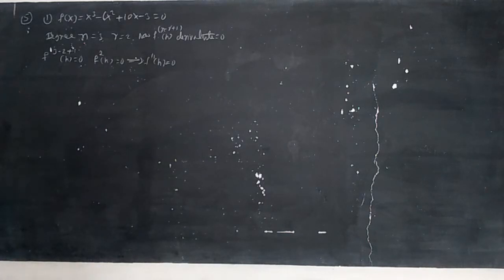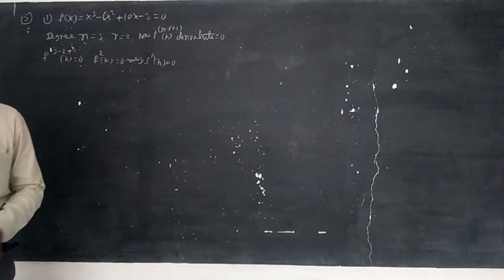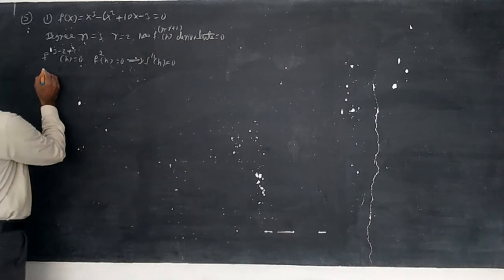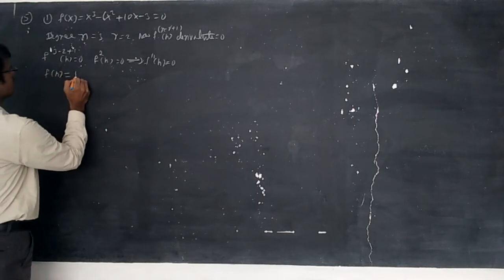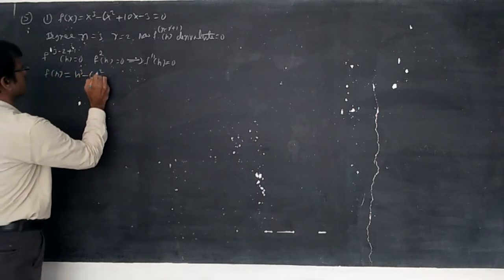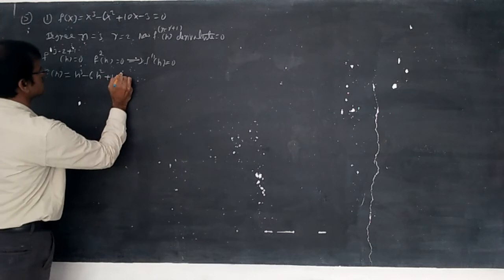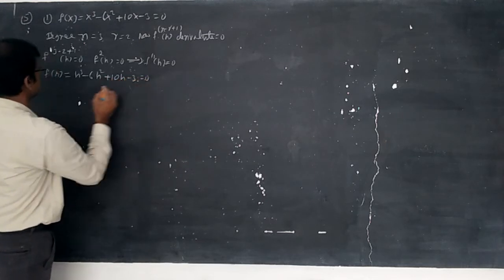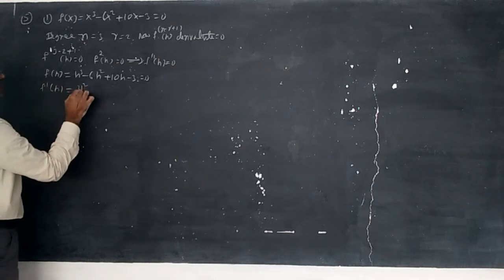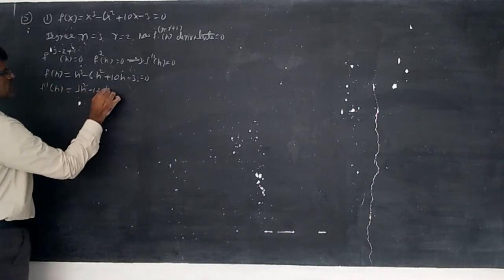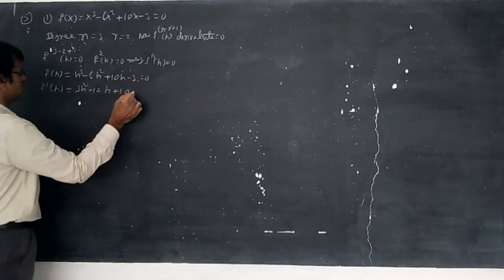So better to do only one term. F double dash h means f of h, I am writing here: h cube minus 6h square plus 10h minus 3 equal to 0. So f dash h is equal to 3h square minus 12h plus 10.